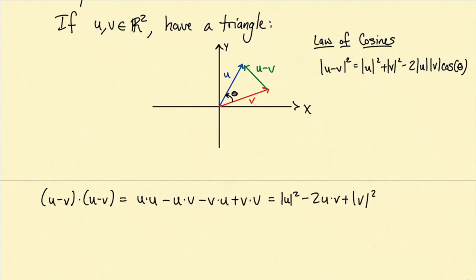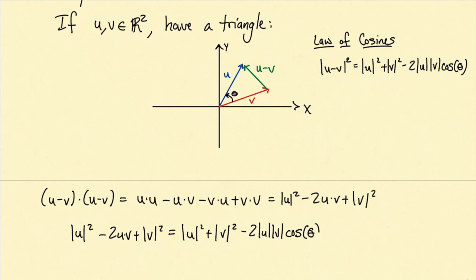Replacing the norm of u minus v squared in the law of cosines gives us the equation the norm of u squared minus twice u dotted with v plus the norm of v squared is equal to the norm of u squared plus the norm of v squared minus twice the norm of u times the norm of v times cosine of theta.